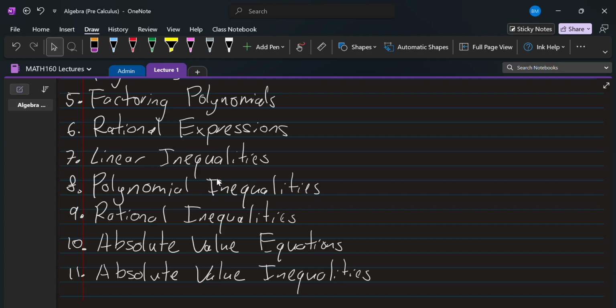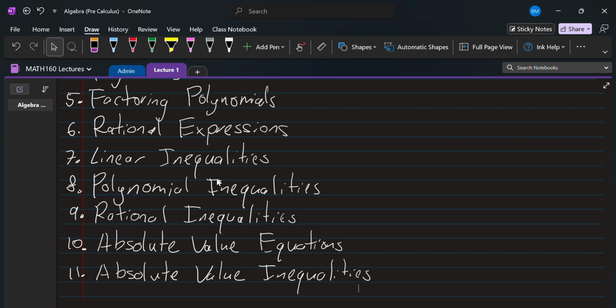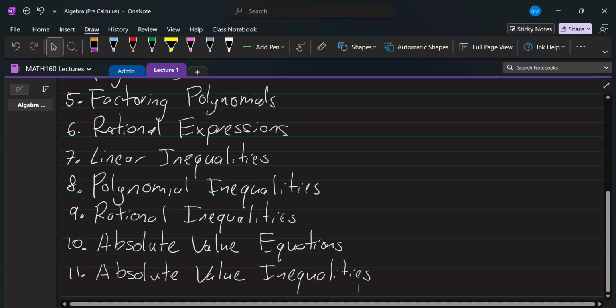If you need to factor a cubic polynomial in the working for some problem, I will expect that you already know how to do that. I'm not going to reteach this every time it comes up. For this week, we'll go through all of this, and after that, I expect that you know all of it.